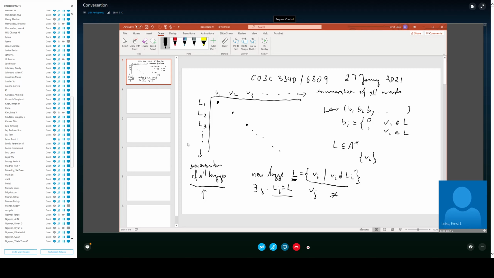So that means that this is not possible. We can't enumerate all languages. And so what does that imply? That basically implies that you have a set that is far larger than countably infinite.